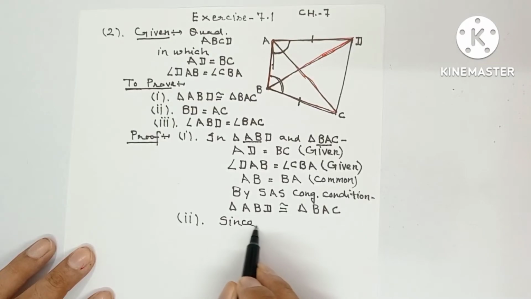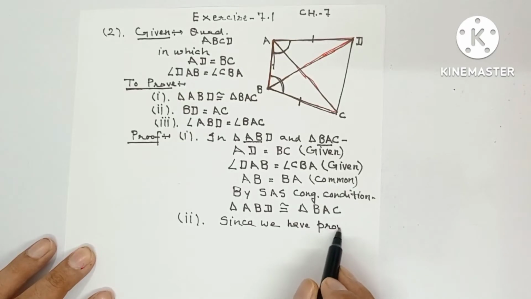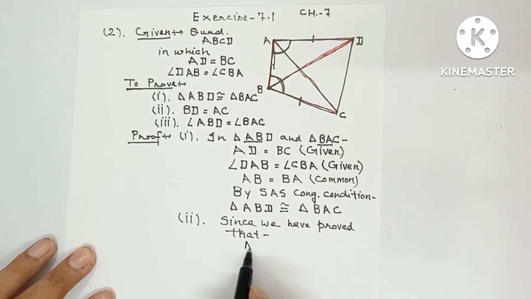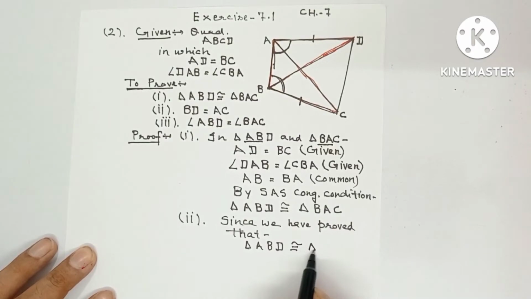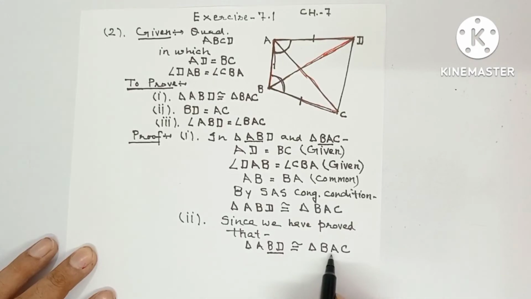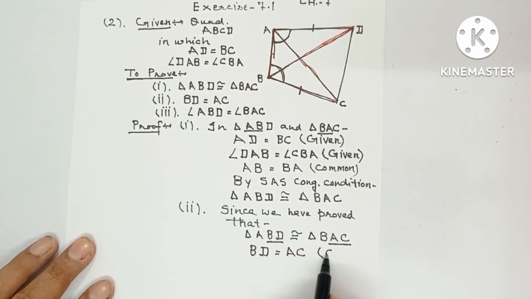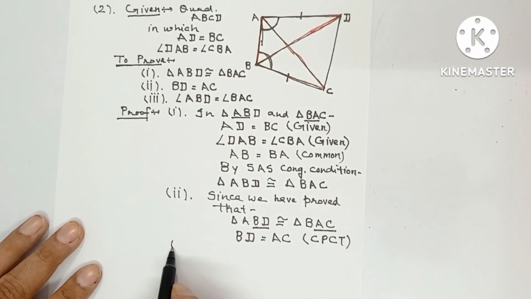You will write: since we have proved that triangle ABD is congruent to triangle BAC, BD is equal to AC, and the reason will be CPCT, corresponding parts of congruent triangles.